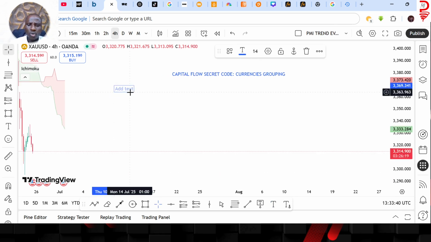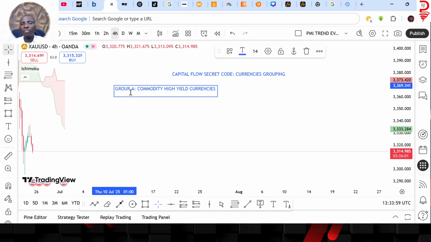The first group is what I call group A, and it is the grouping for commodity high yield currencies. This is very important, and this is the first group, and I'm going to be identifying the currencies under this group.